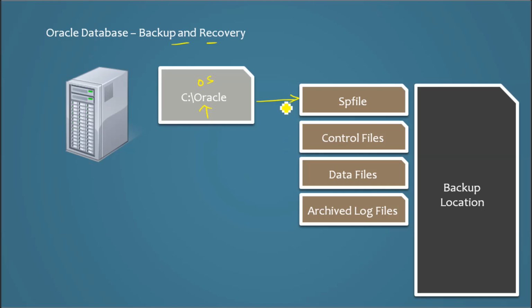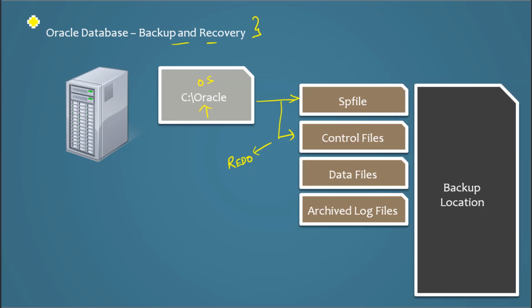The SP file has information about control files and redo log files. It also has other information about the environment parameters for the database.